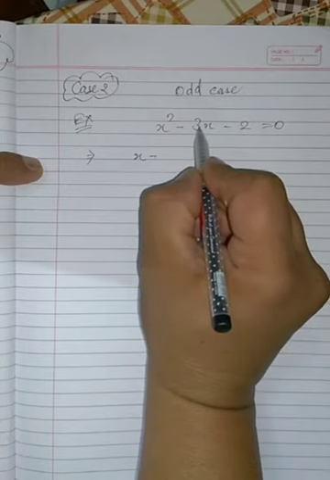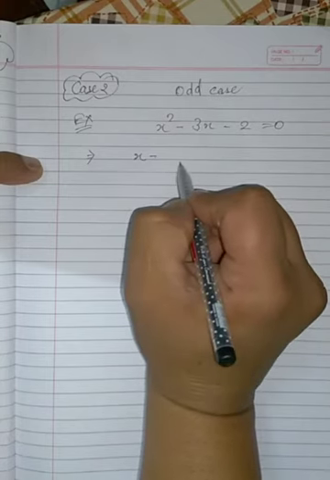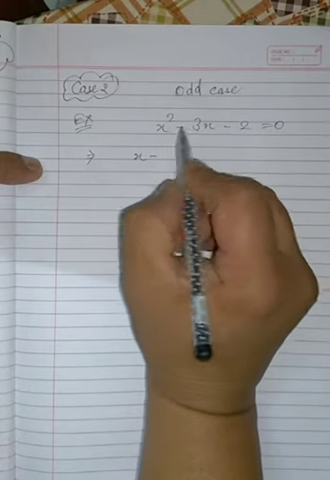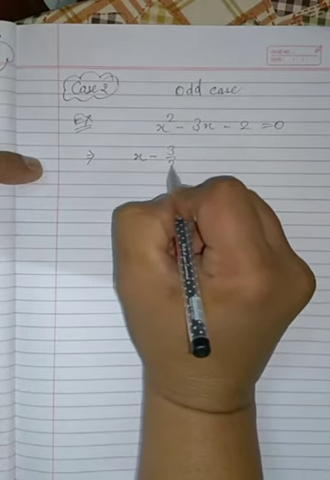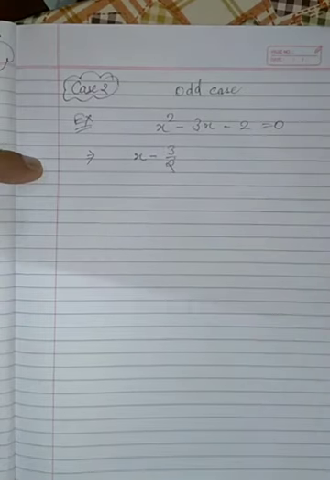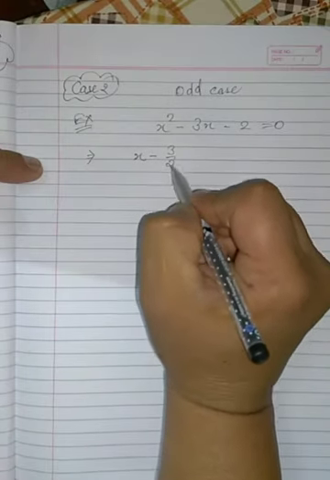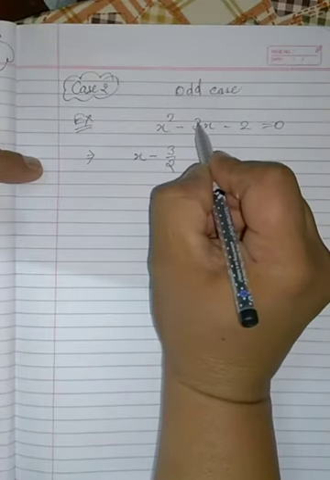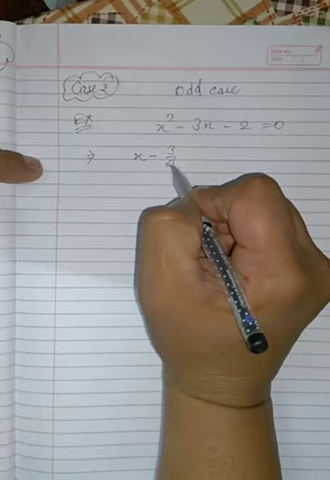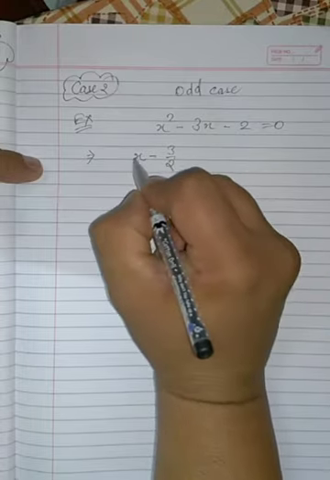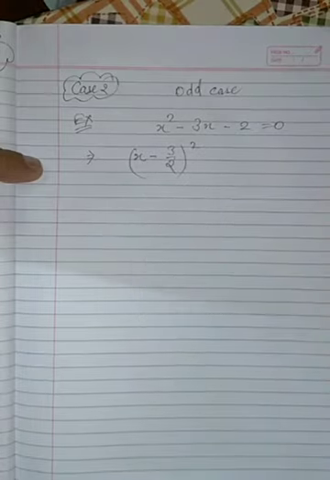When it was even, it was easy to convert into half. But when it is odd, its half will be written as upon 2. So if we have here 3, it is 3 upon 2. If we have here 5, it will be 5 upon 2. So here x minus 3 by 2 the whole square.